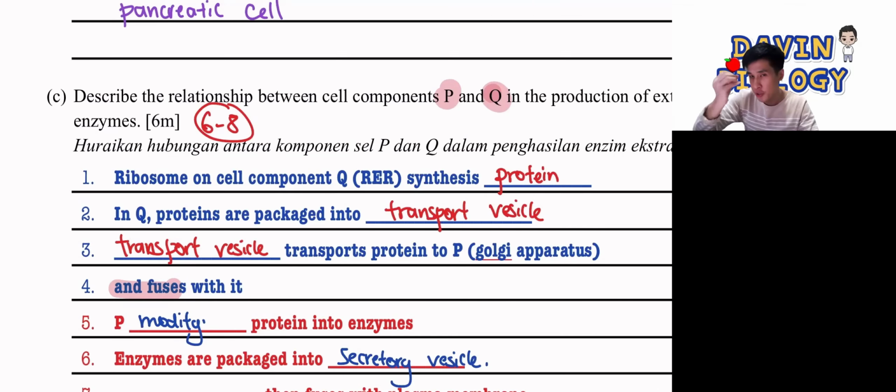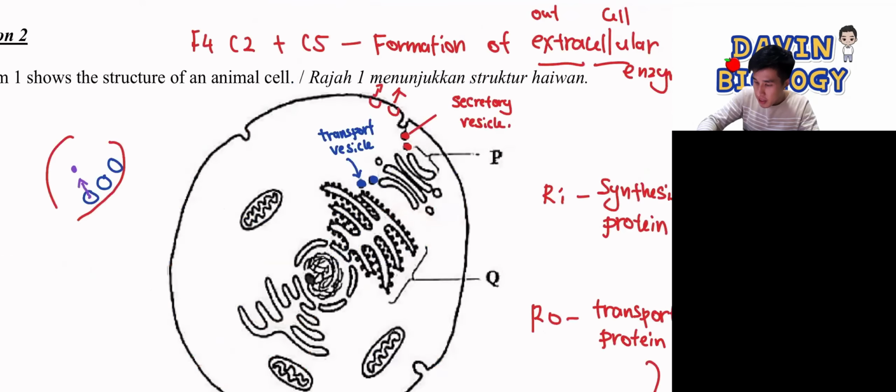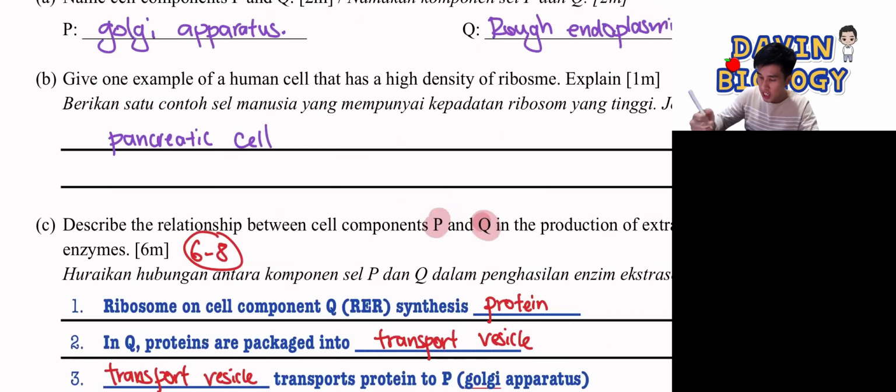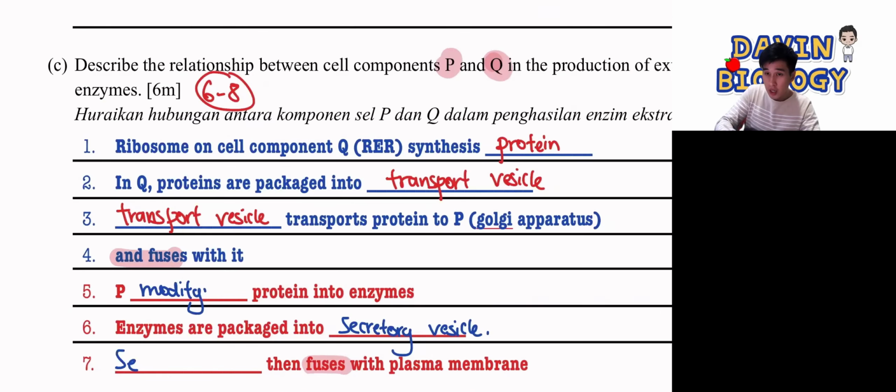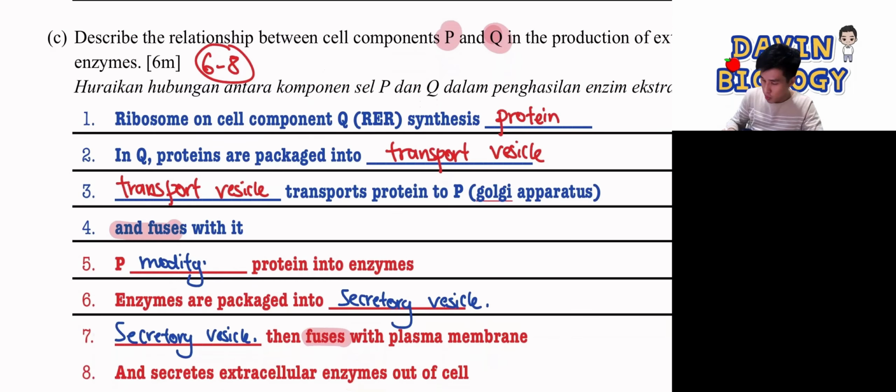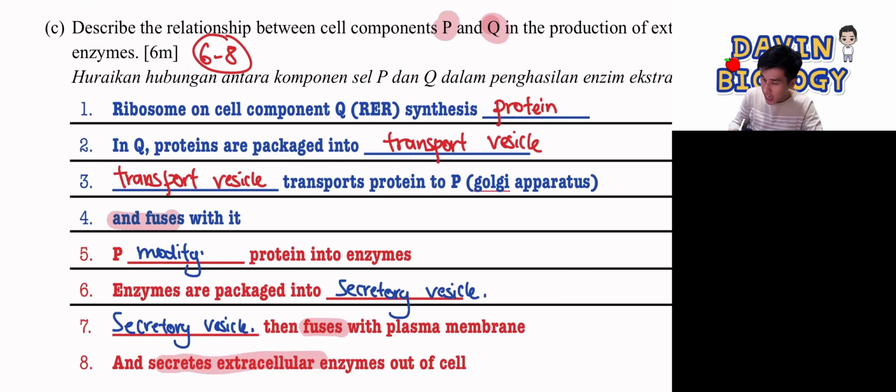Then this secretory vesicle, like I said, will stick to the membrane here. So we will say it will then fuse with the plasma membrane. After I fuse already, then only I let the enzyme out. So we say: and secrete the extracellular enzyme out of the cell.